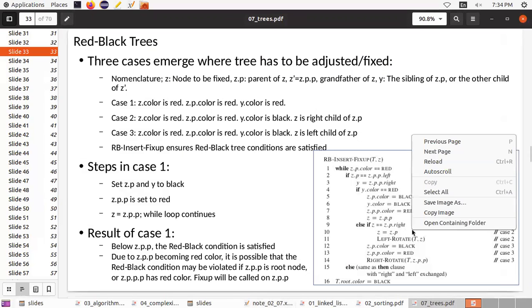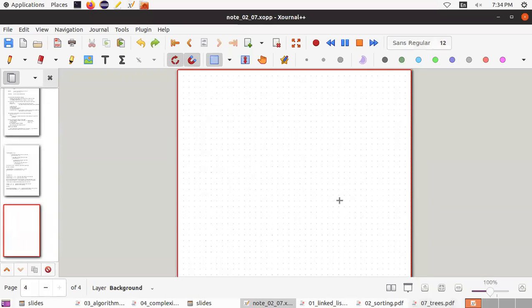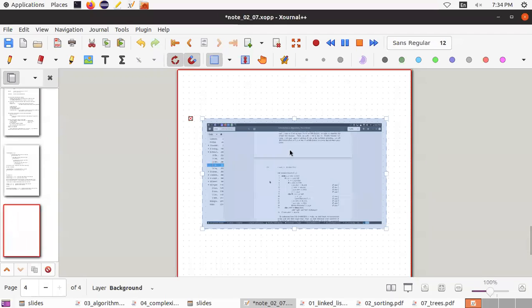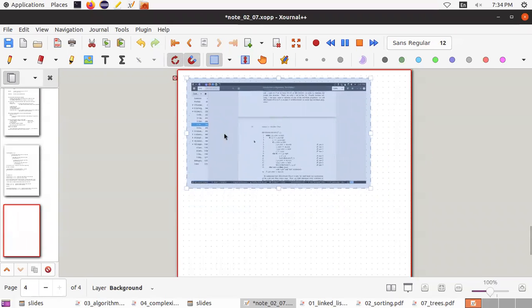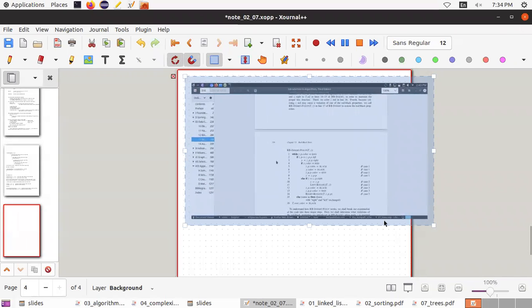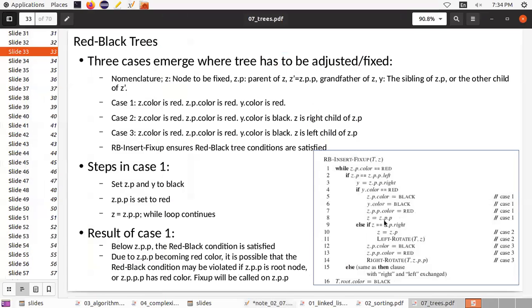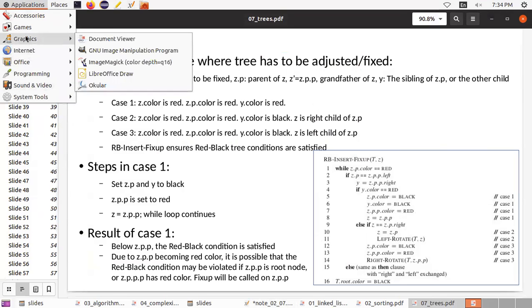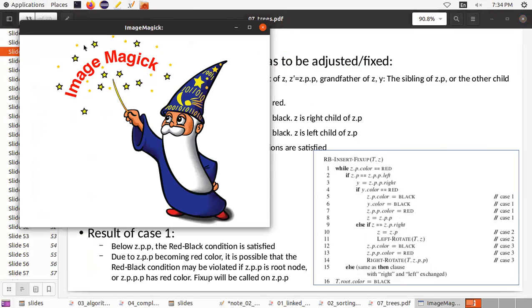Where is this? Yeah, this is the one. No, this particular image you're saying. How can I take this image? Able to take graphics.